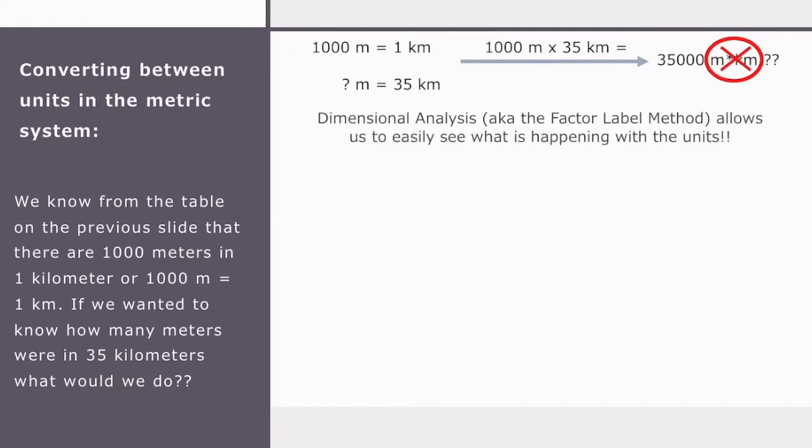And dimensional analysis, let's talk about that. Or sometimes you'll hear this called the factor label method, allows us to easily see what is happening with units. And we're learning these simple conversions now in preparation for something that we're going to be doing next semester called stoichiometry.